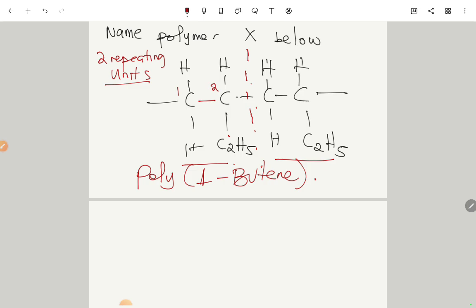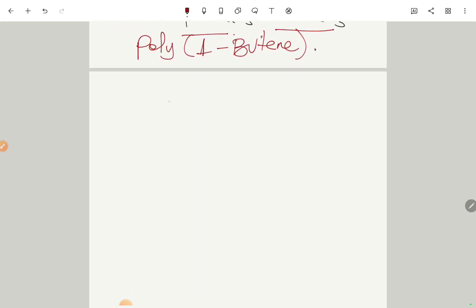I know we're asking ourselves questions. If there's a poly 1 butene, maybe there should also be 2 butene. Yes, you're actually right. So we can also write it like this. Suppose we have something like this. Okay, here we use the same concept.